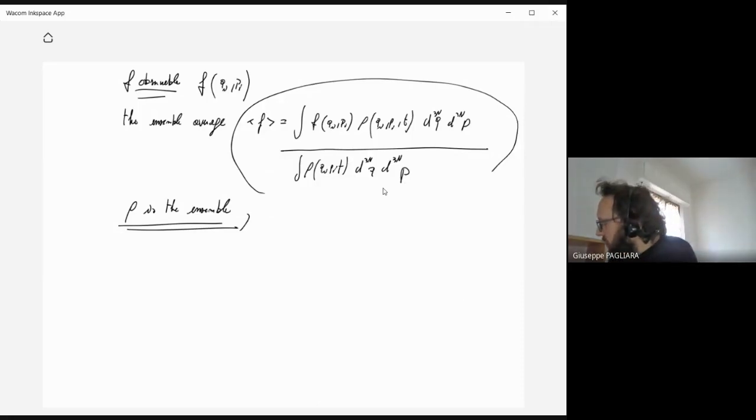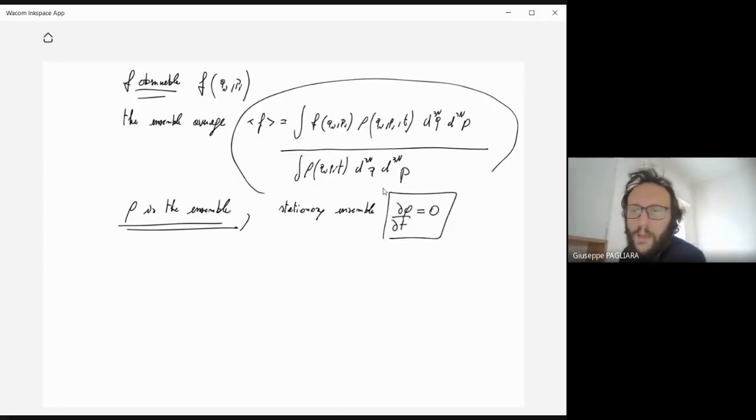And we say that the ensemble is stationary when the partial derivative of rho with respect to time is equal to 0. The ensemble always depends on qi and pi, so it has an implicit time dependence, but it is stationary when the time dependence is not explicit. That is something that we expect at thermodynamical equilibrium.